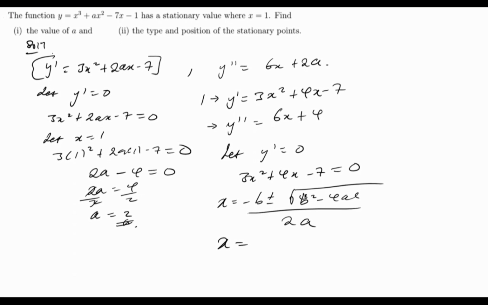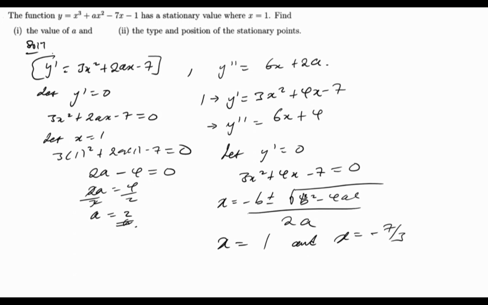If we use the quadratic formula, x is equal to 1, and x being equal to minus 7 over 3.